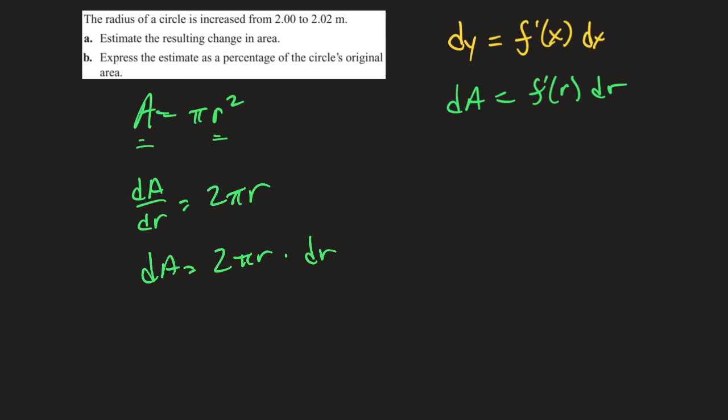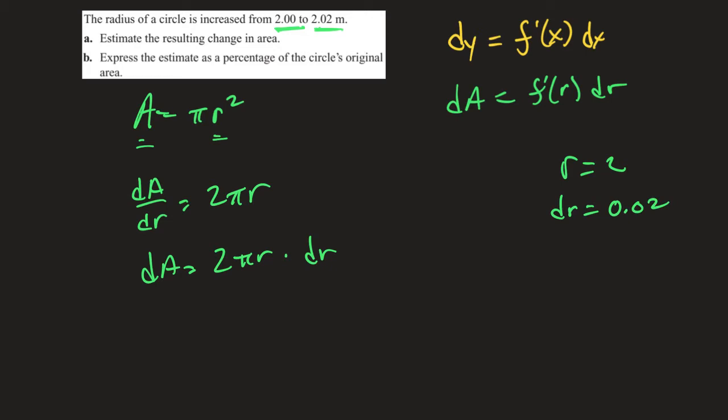And notice from the reading, the original radius was 2, so r equals 2. And it changed to 2.02, meaning that dr is 0.02.